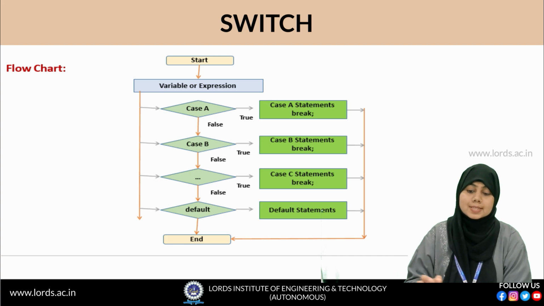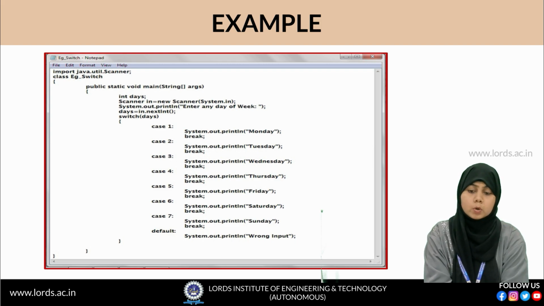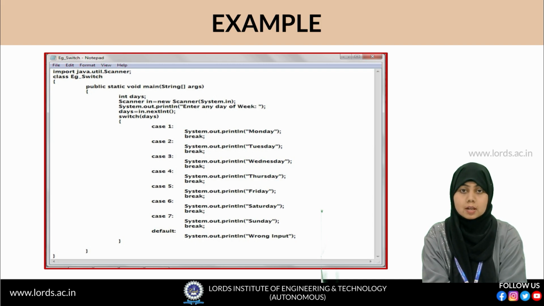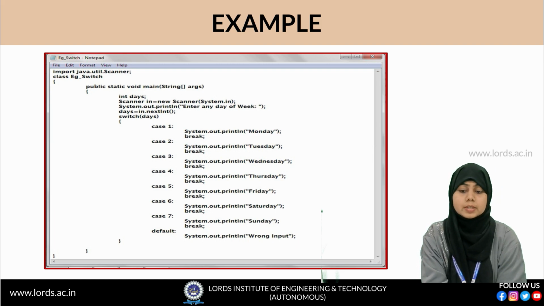Now if you see the example, again I am taking the input from the user. For that purpose I need to call the scanner class, so we import java.util.Scanner. As I said, util is a package which contains the Scanner class. Our user defined class name is ExampleSwitch.